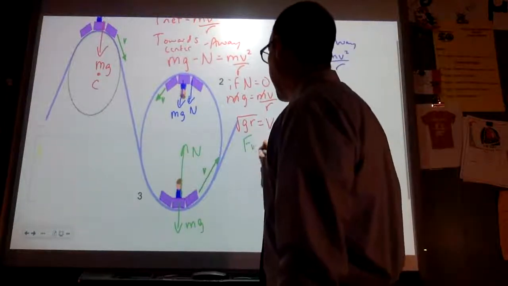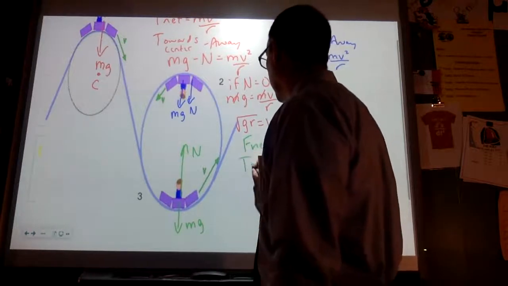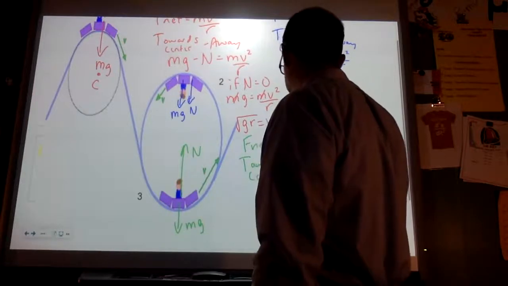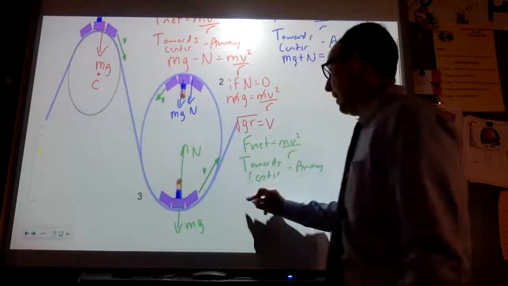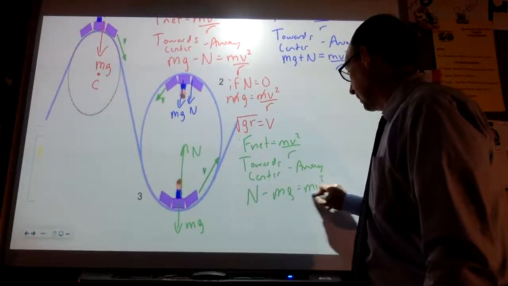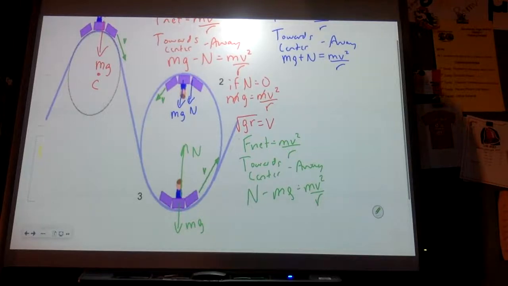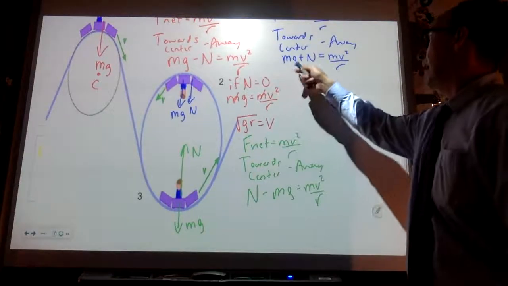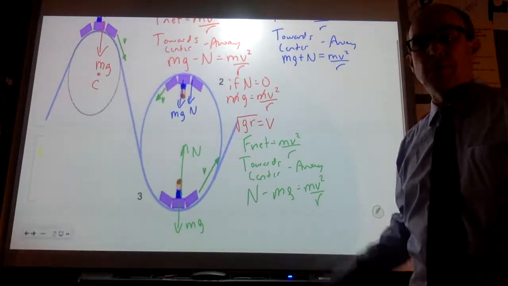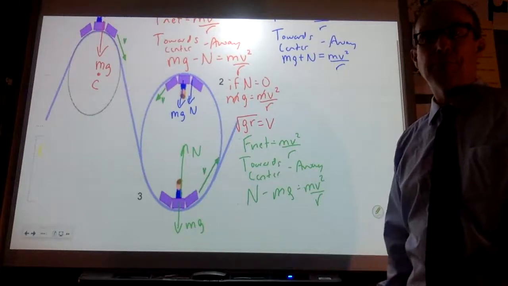And so when I do my F net equals mv squared over r, I'm going to go towards the center minus away, and now I have n minus mg equals mv squared over r. So those are our 3 situations. We have mg minus n, mg plus n, and n minus mg for the same roller coaster. It just depends on what part of it we are.